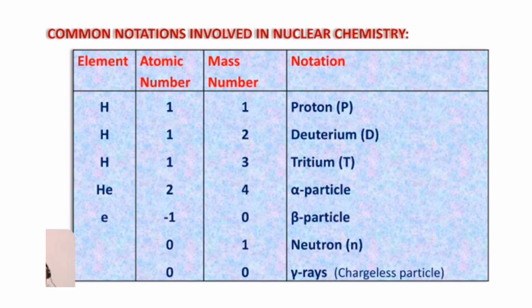The element with atomic number -1 and mass number 0, we call beta particle. The element with atomic number 0 and mass number 1, we call neutron, N. The element with atomic number 0 and mass number 0, we call gamma rays, otherwise called chargeless particles.